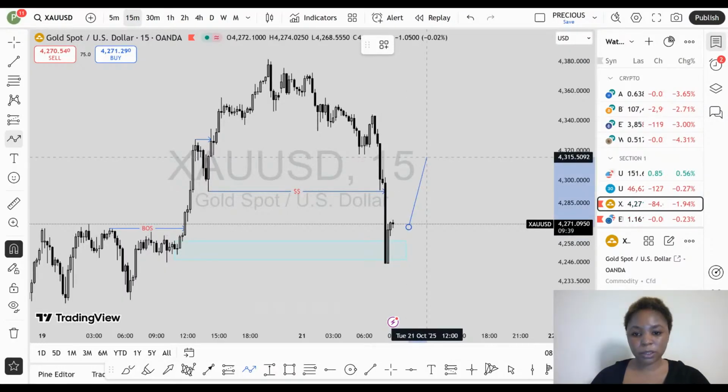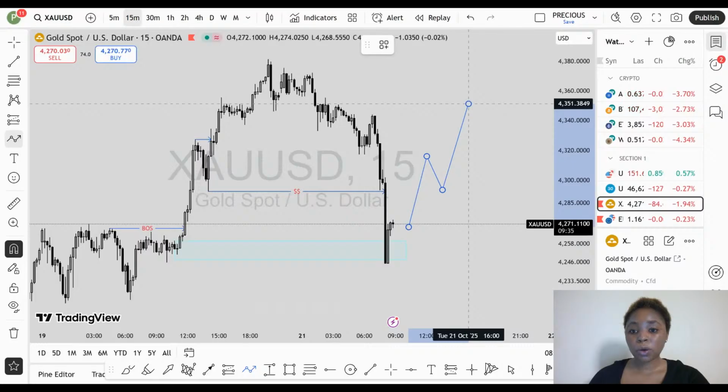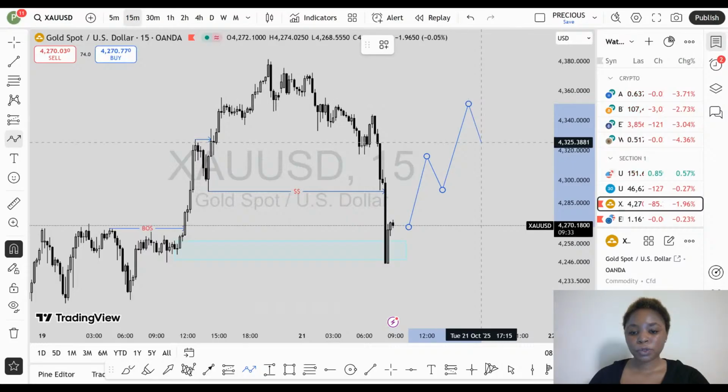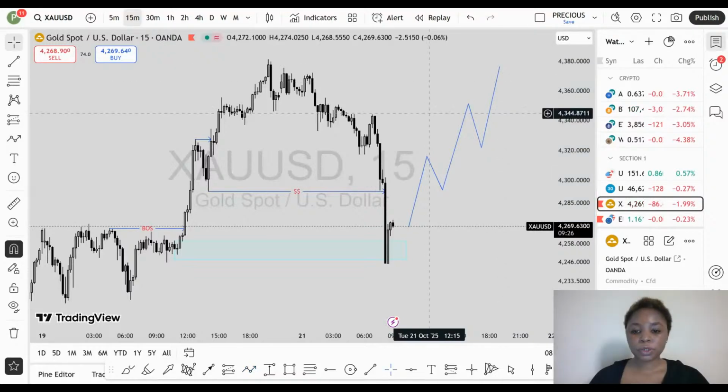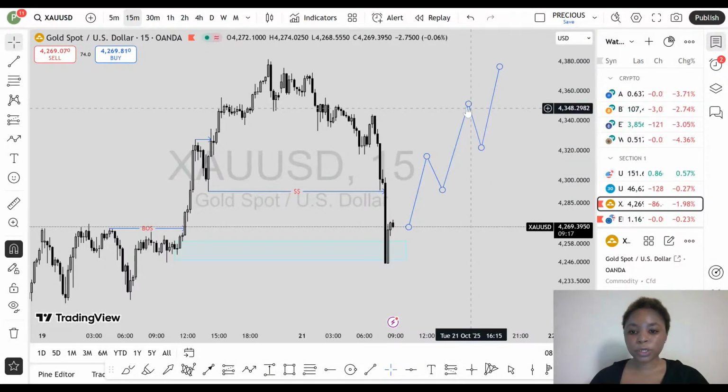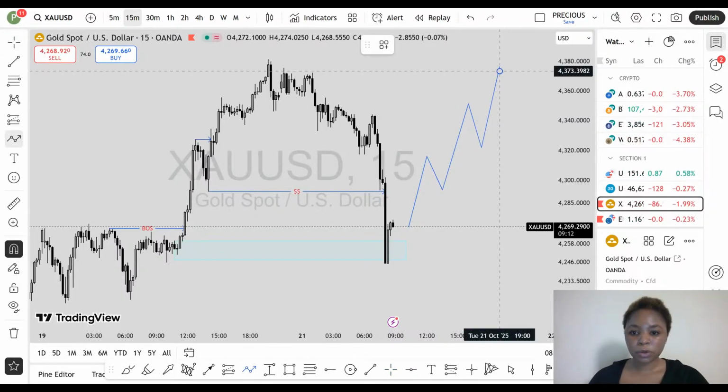So you can see this is how the structure of the market looks on the higher time frame. So when markets break structure here, created the higher high, price always retraces back again to mitigate the order block, and continuously.